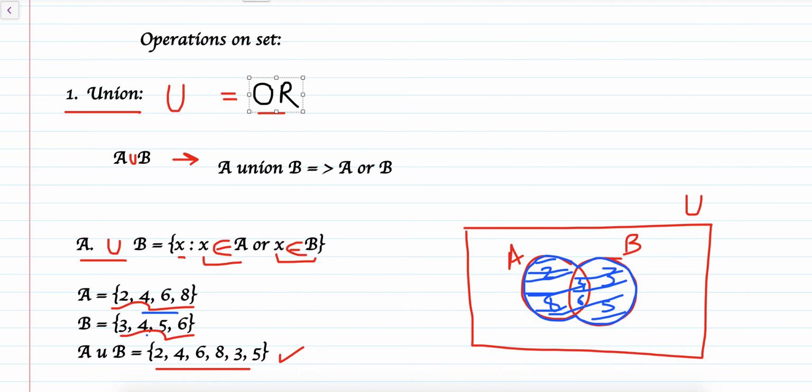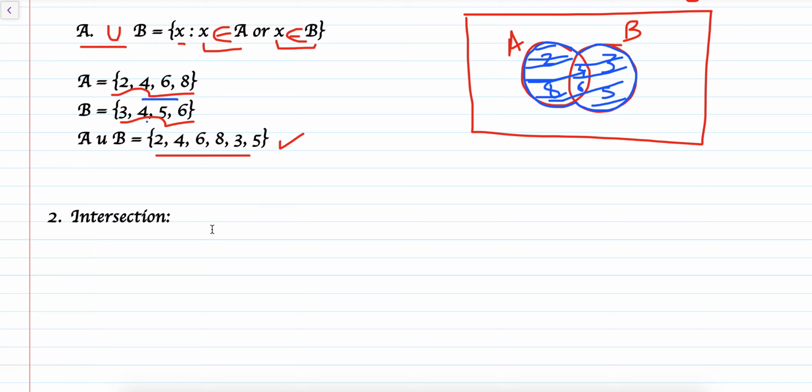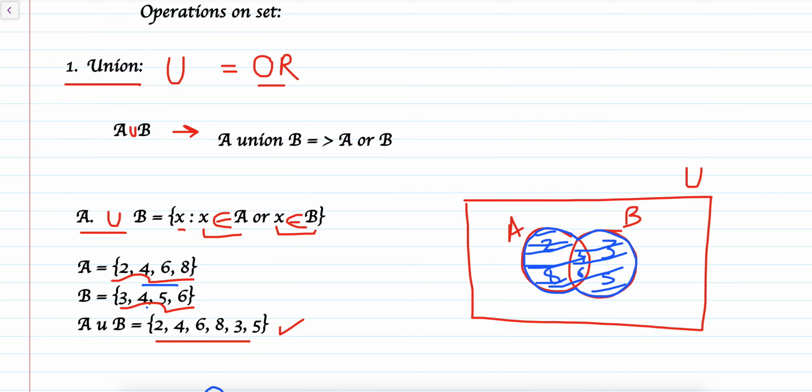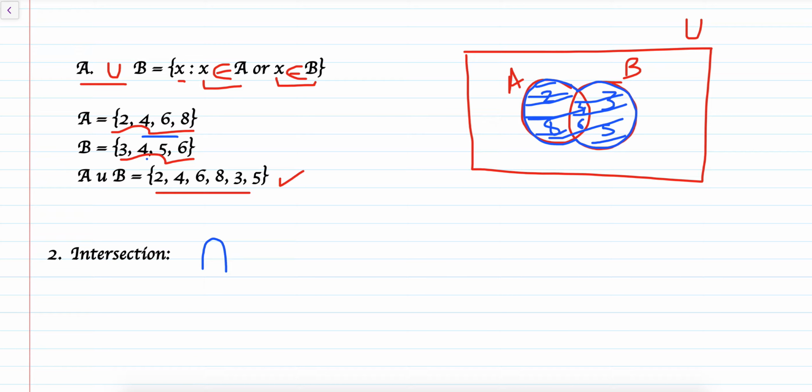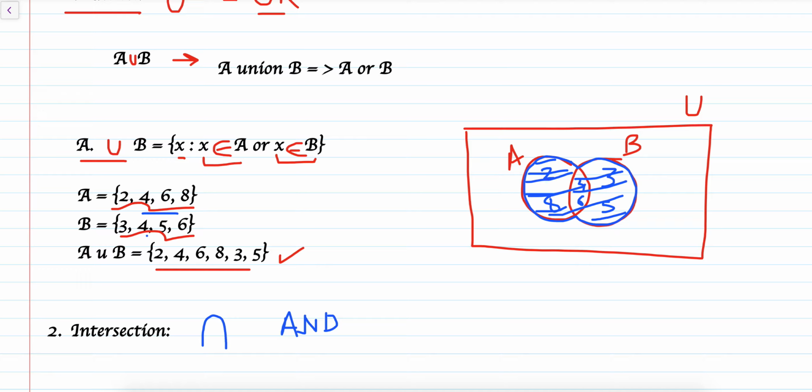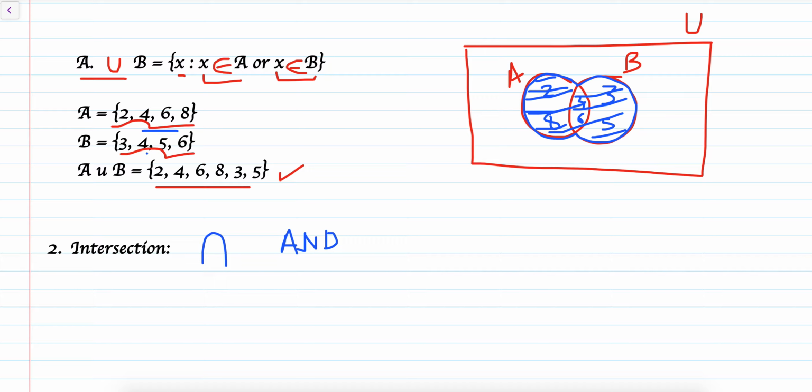For intersection, its symbol is this. For union it was upside down, and this is reversed, and we will call it AND. So the first one was OR, this is AND. Here we will look at only those elements which are present in both A and B.